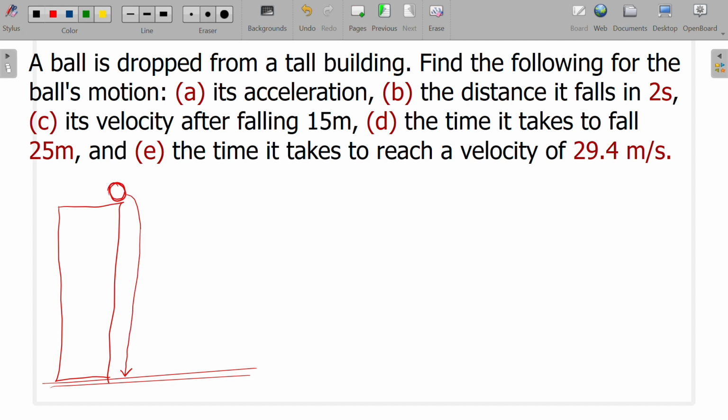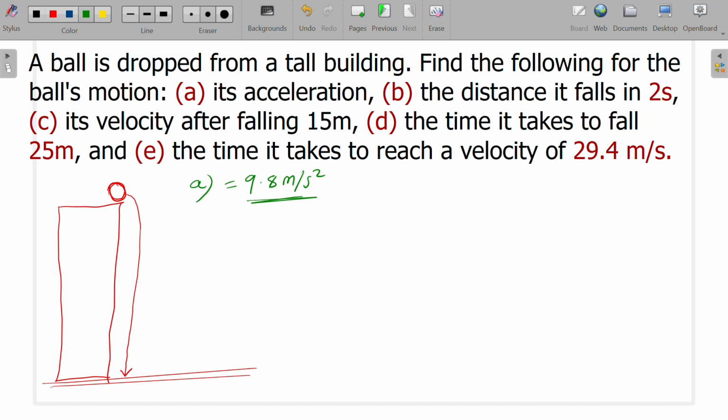So the first answer for option A, our acceleration, without doing any mathematics, is just 9.8, given in units of meters per second squared. The key here is to know if the acceleration due to gravity is positive or negative. In this case, as it is dropping down, it's following gravity, so that's a positive acceleration due to gravity.